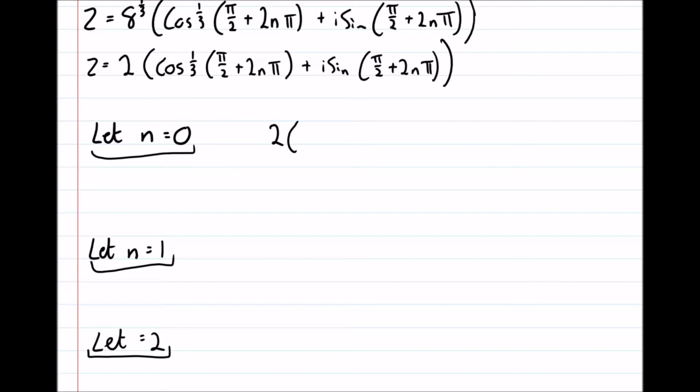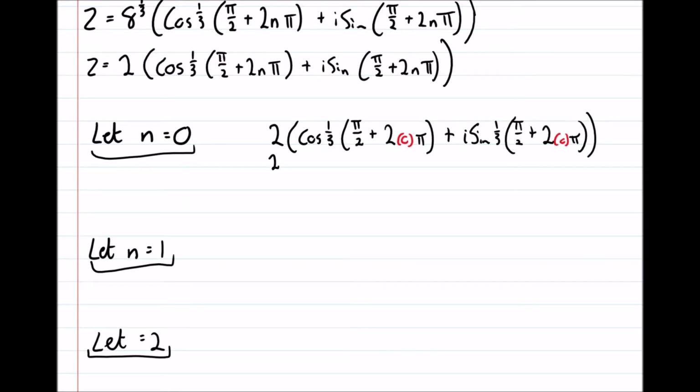2 cos 1/3 pi over 2 plus 2, and then we're going to let that equal 0, pi, plus I sine 1/3 pi over 2 plus 2, 0, pi.